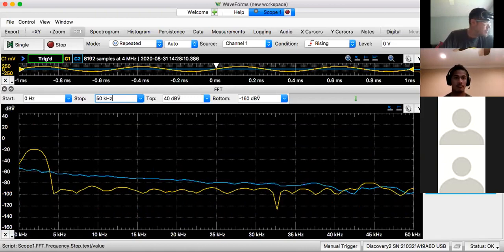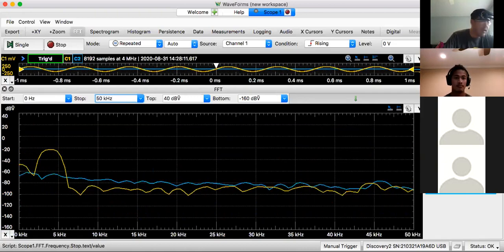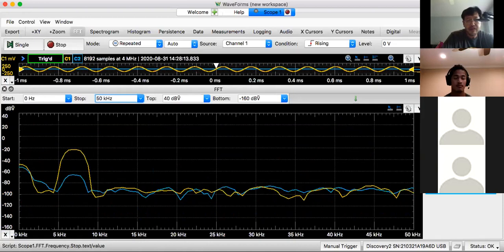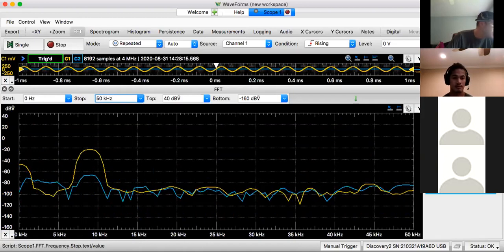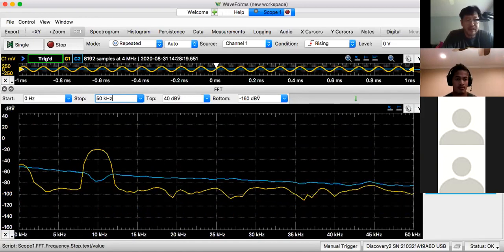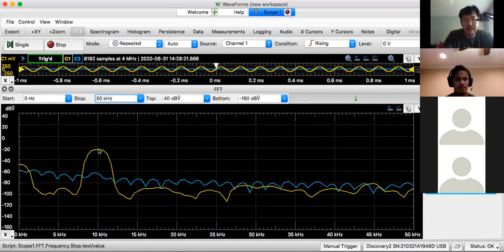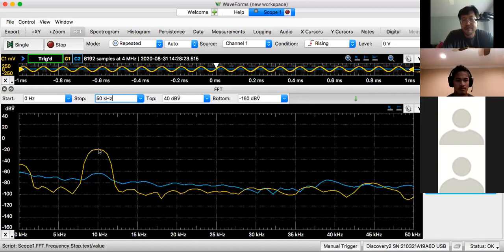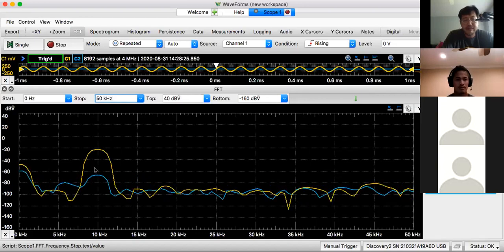So now I will see my signal in the frequency domain. This is the 10,000 hertz. I'm inputting a 10,000 hertz signal right here. That's 10,000 hertz. You see, 10,000 hertz. That's my signal.